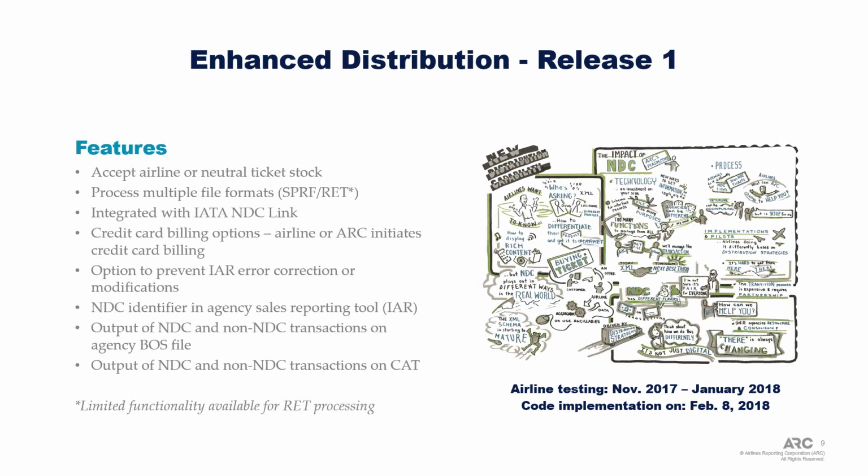And for those that are not familiar with neutral ticket stock, that is ARC's ticket stock that we actually distribute to the GDSs, and then the GDSs, of course, issue those form codes and issue tickets, EMDs, and COs. So we will actually be able to accept NDC transactions in on airline or neutral ticket stock.